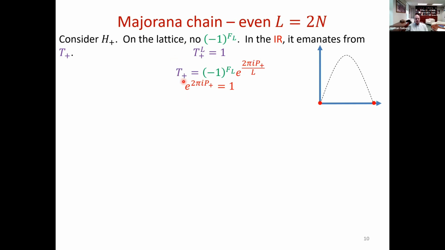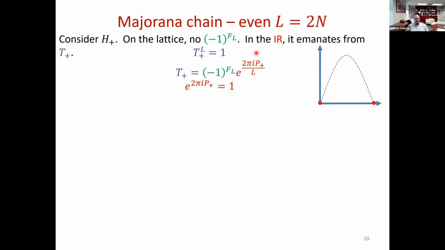The operator T plus of the lattice is given by e to the 2 pi i P plus. P plus here does not mean momentum in the plus direction, but it means momentum in this theory with Hamiltonian H plus divided by L times minus 1 to the f left.